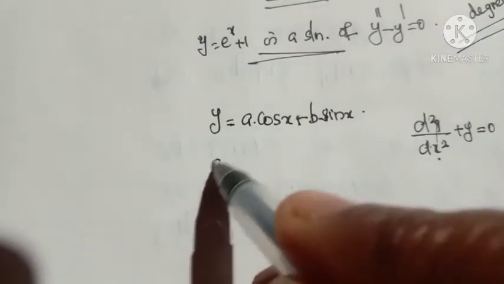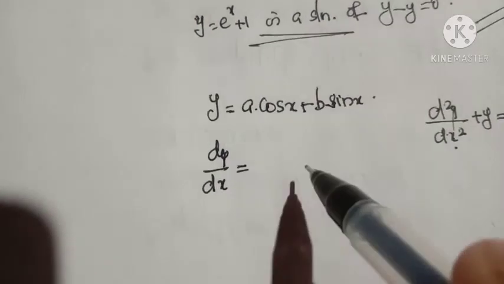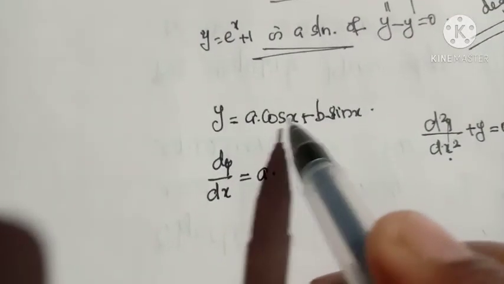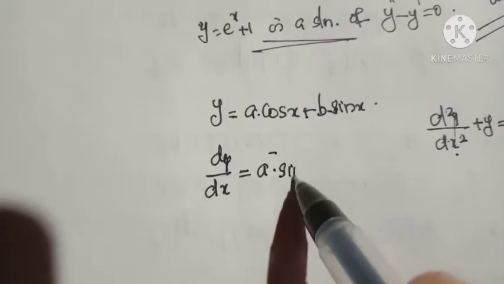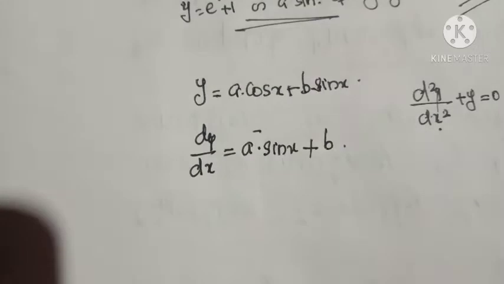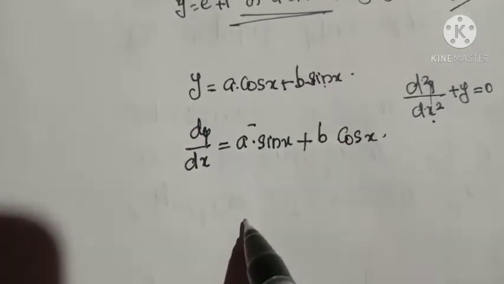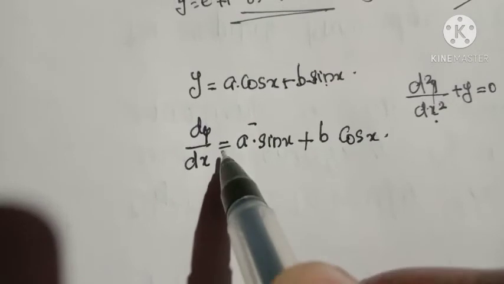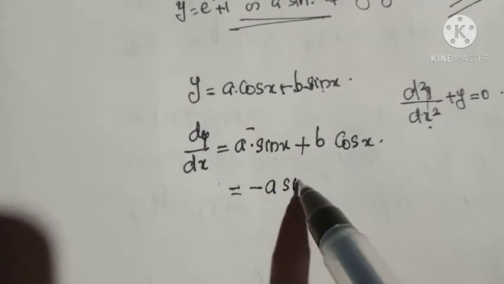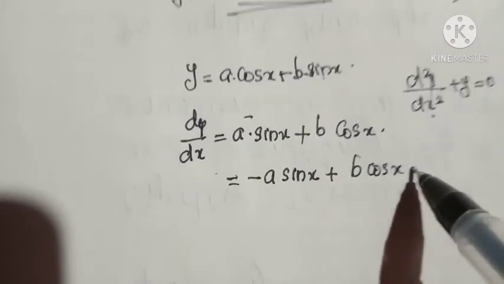First we have to find dy by dx, the derivative. a is constant, so a into the derivative of cos x, which is minus sin x, plus b is constant, so b into the derivative of sin x, which is cos x. Okay. So dy by dx equal to minus a sin x plus b cos x.